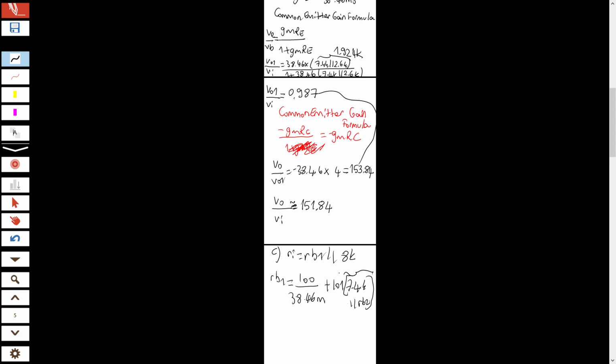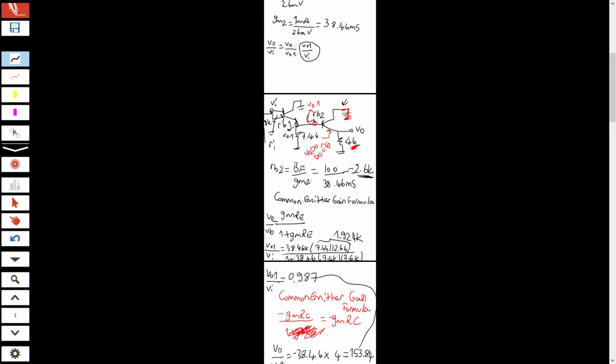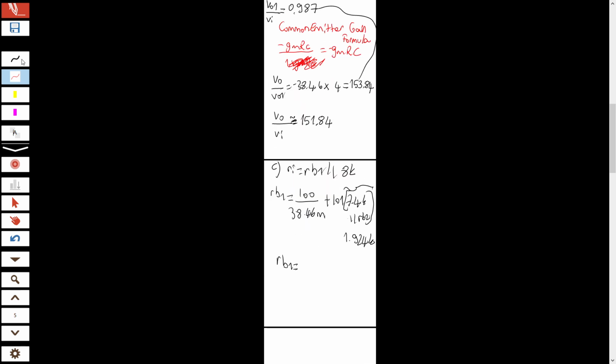It is 1.924K. So think like this. What is Rπ1? It is beta over gm plus beta plus 1 times what we see at the emitter. What we see at the emitter is 7.4K parallel Rπ2. So let's find Rπ1.